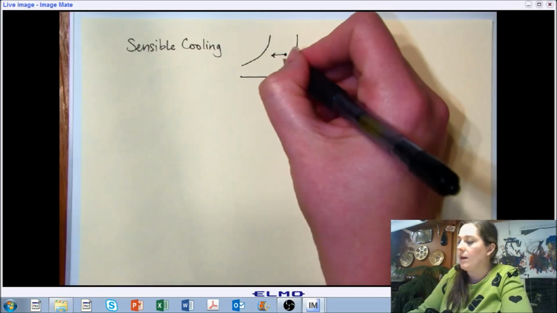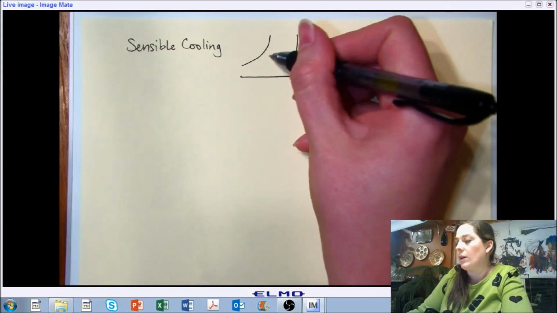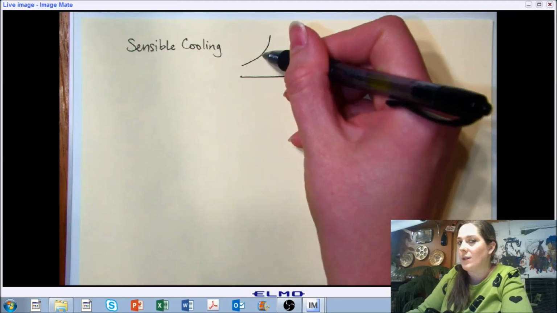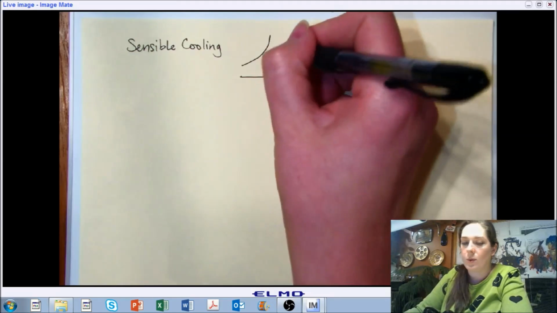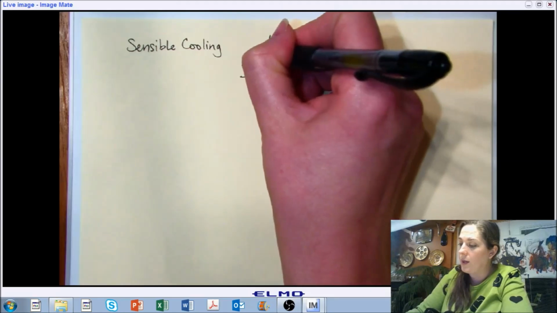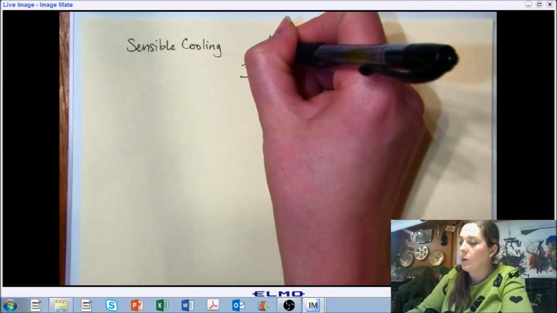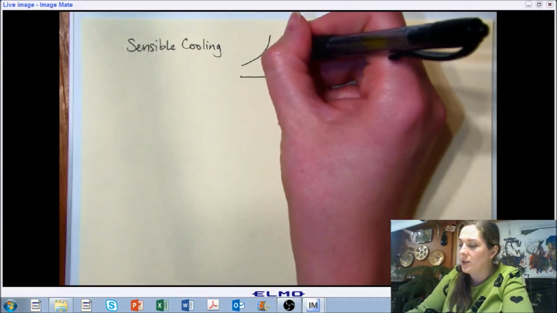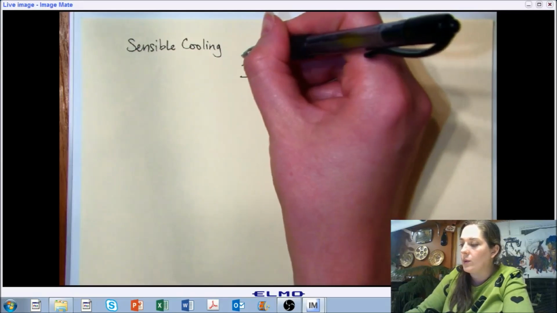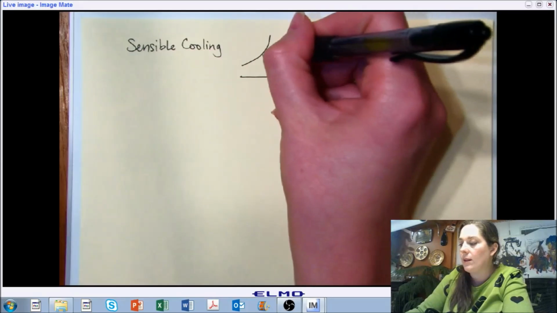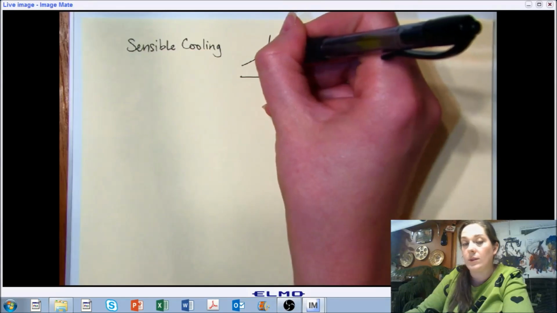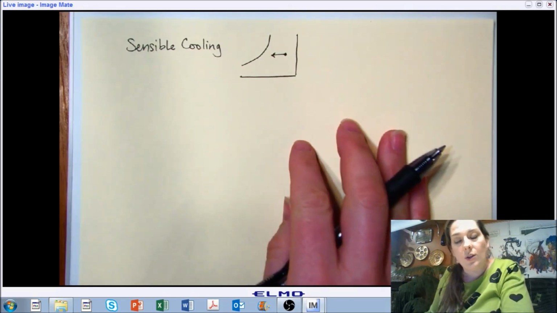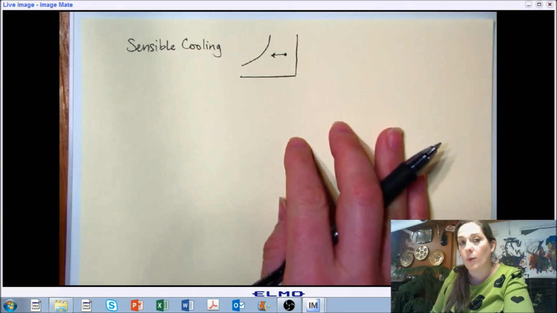And with sensible cooling, you have the potential to hit essentially a stopping point, or more or less a changing point. If you cool all the way to 100% relative humidity, that's the saturation line, and you can't continue cooling horizontally beyond that. You start to move down the saturation line.